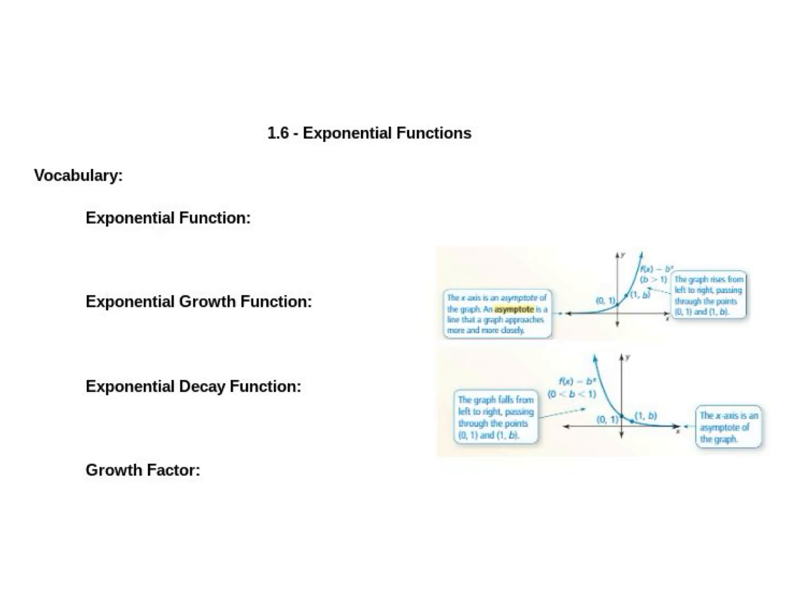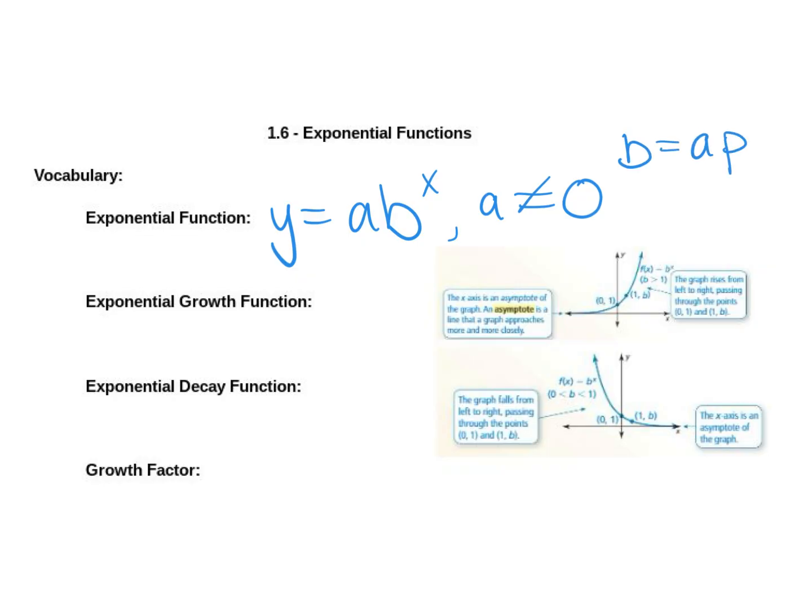We are going to go through exponential functions today, okay? An exponential function has this form: y equals a b to the x power, where a cannot equal 0 and the base b is a positive real number other than 1.